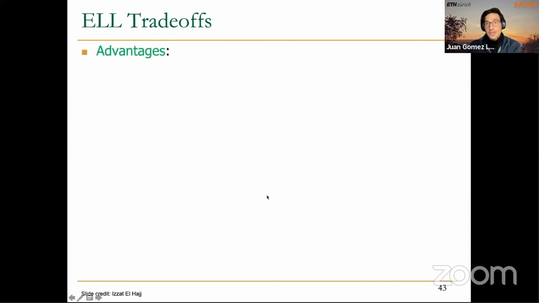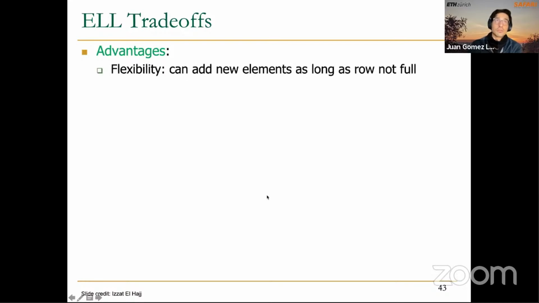And this format has also its own trade-offs, advantages and disadvantages. In terms of advantages, we can add new elements as long as the row is not full, because we are padding the rows, right? So that all rows have the same size. So if one row is not complete, there will be some empty memory positions that we can use to add new elements that belong to the corresponding row.